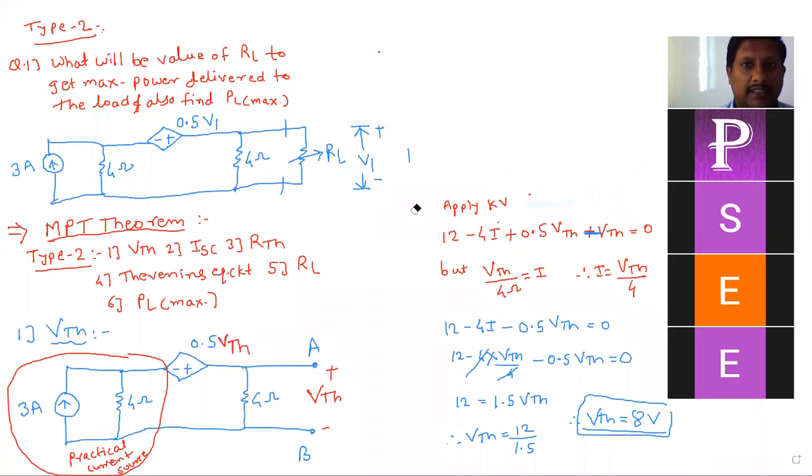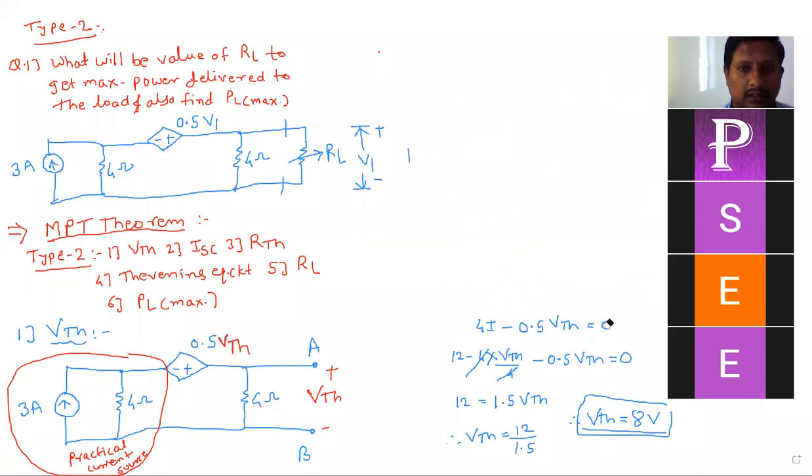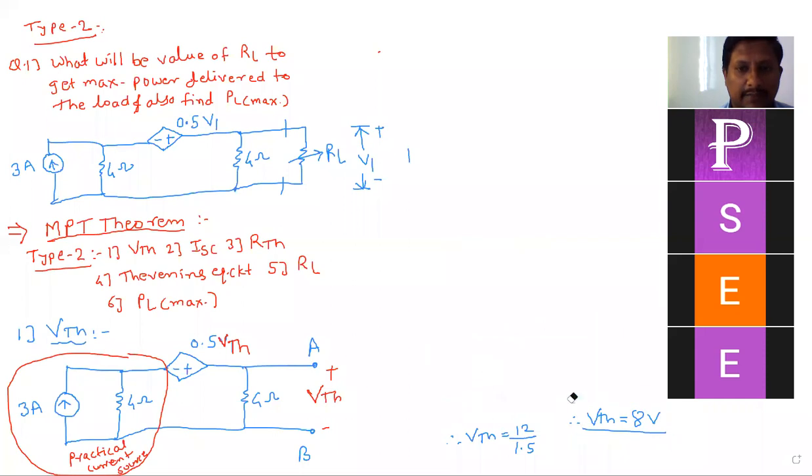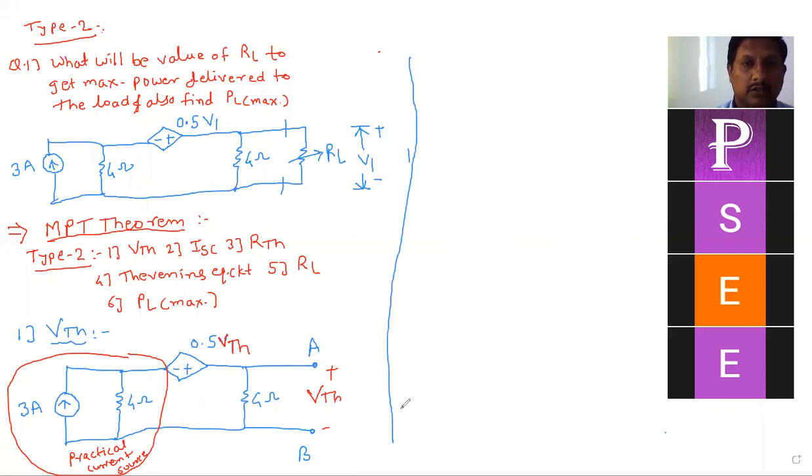While finding out ISC, before finding RTH we have to find ISC. So while finding out ISC, we have to short the A and B terminals. So many modifications will happen in the circuit. So the second thing we are going to find out is ISC.